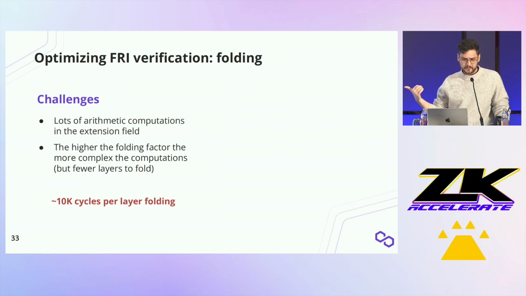The next thing that we have to take care of is the folding. And here we have a trade-off, because if we do a folding of 2 to 1, we decrease the number of operations that we have to do in the virtual machine, but we increase the number of hashes because we increase the number of Merkle trees that we have to commit to. There is a trade-off here.